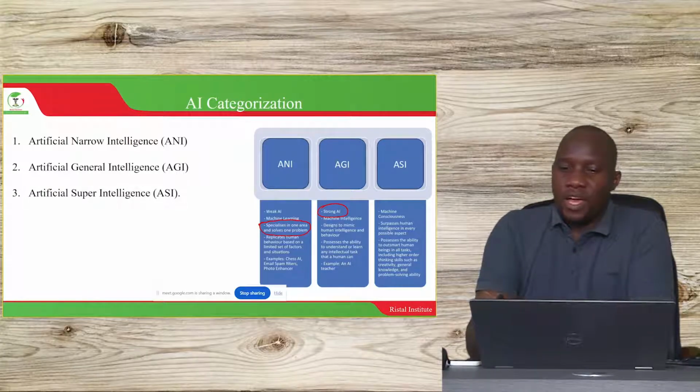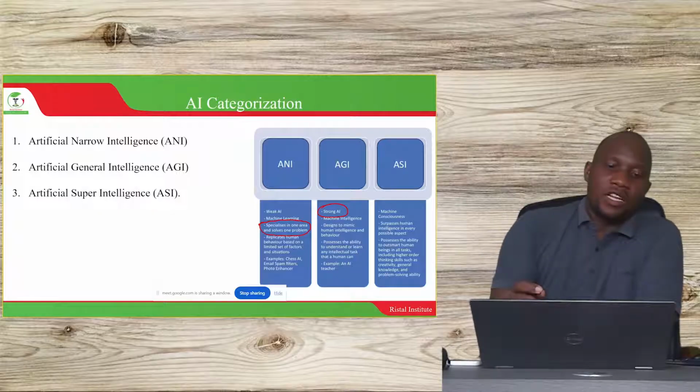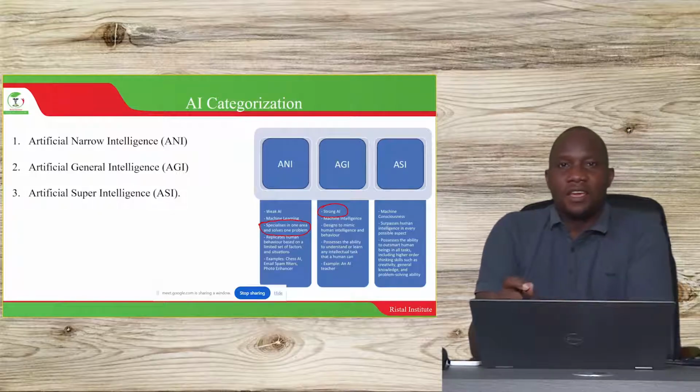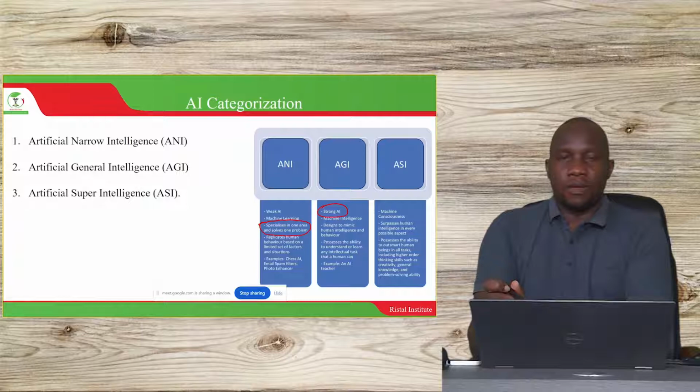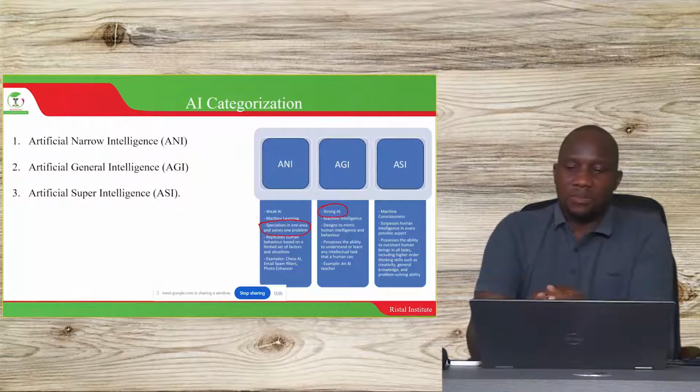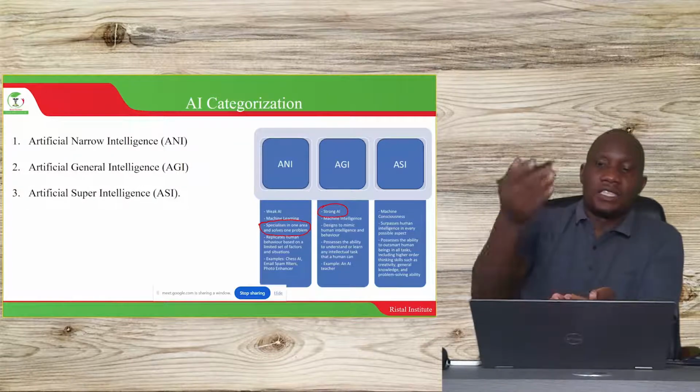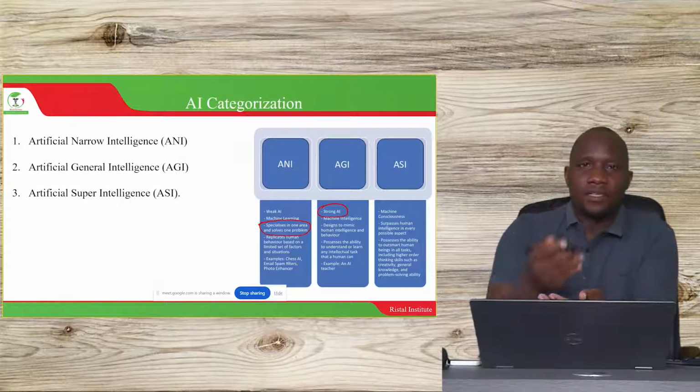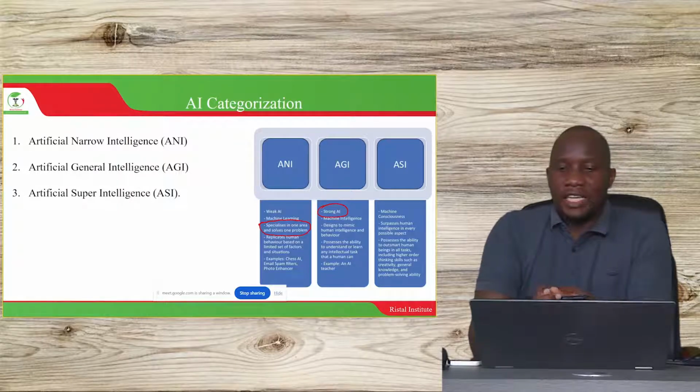Okay, and then we have the artificial super intelligence. Now these are artificial intelligence systems that surpass human intelligence. There is a limitation to our intelligence as humans.